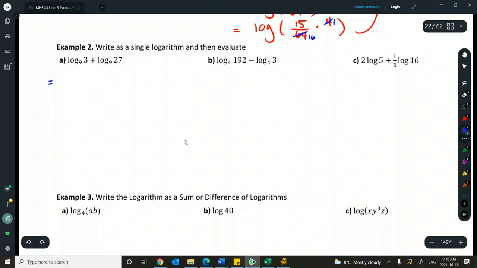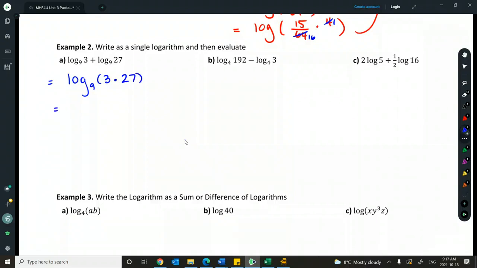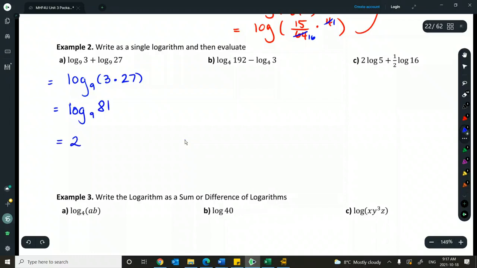So sums become products. Subtractions become divisions. You can write that in a single logarithm.